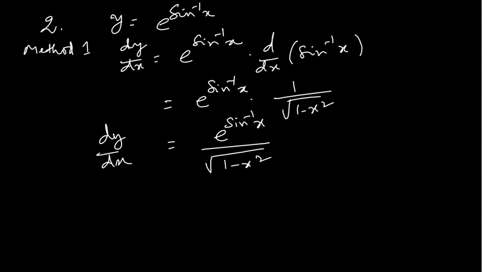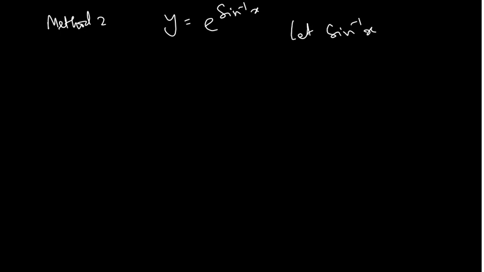If I have to do the second method, y is equal to e power sine inverse x. Let sine inverse x be equal to t, then sine t is equal to x. Then differentiate, you will have cos t equal to dx by dt.